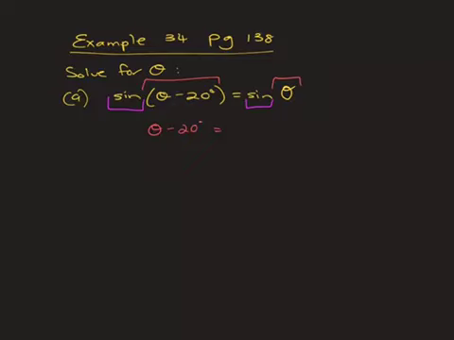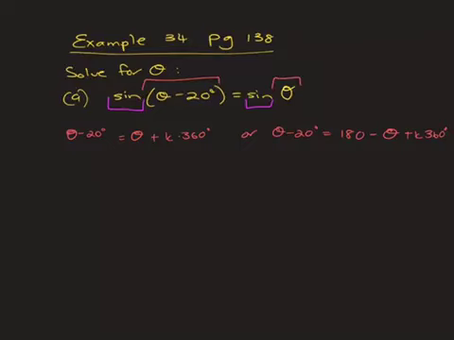Now, just be careful with sine. Let's just move this up. We need some space. We have theta minus 20 degrees equals theta plus k 360 degrees, or we're going to have theta minus 20 degrees equals 180 minus theta plus k 360 degrees.